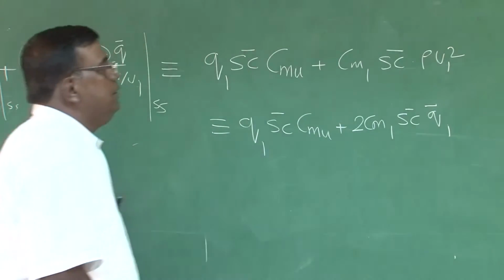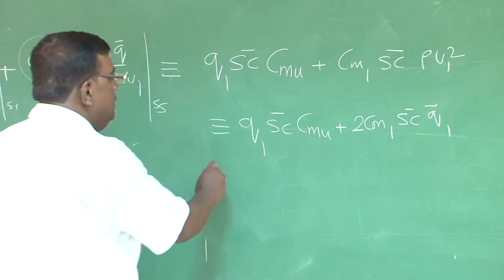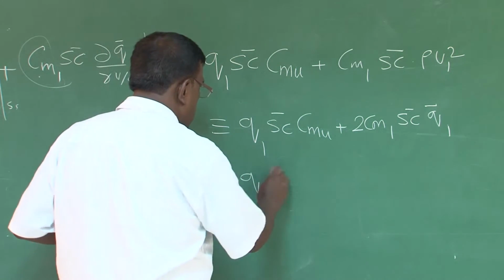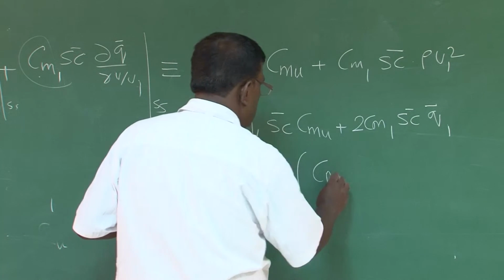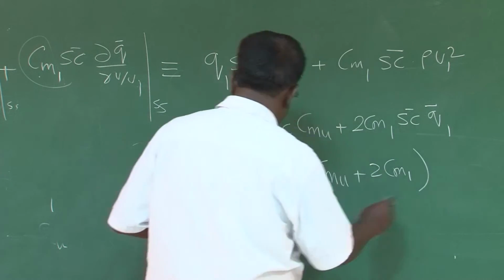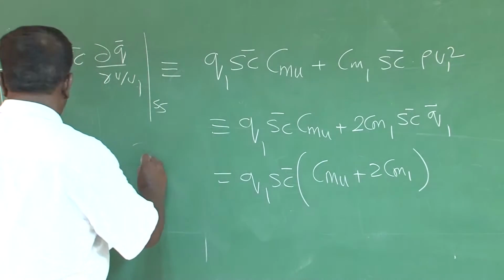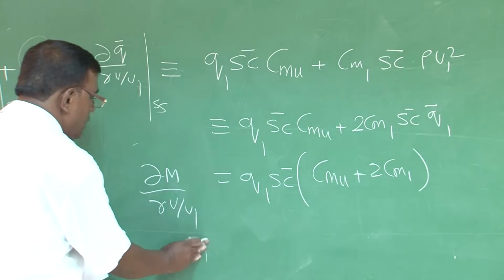Same theory, divide and multiply by 2 to incorporate Q1. So I have Q1 S C bar into Cmu plus 2 Cm1. This is nothing but dM by d(u/u1).